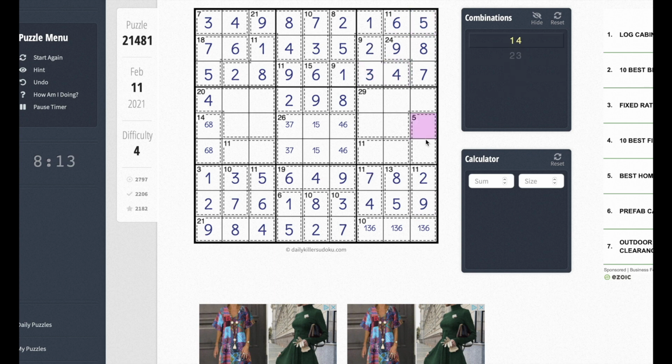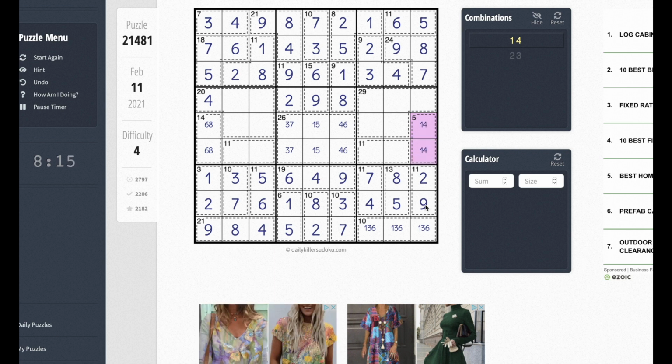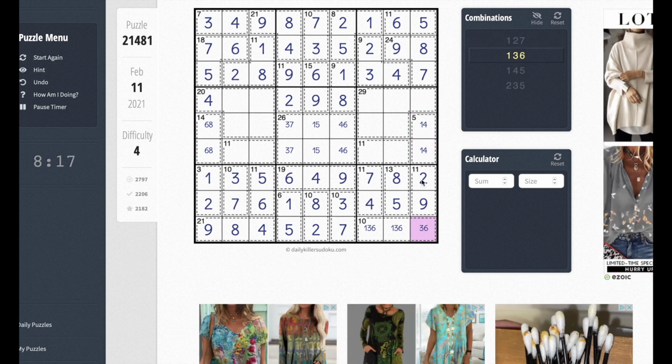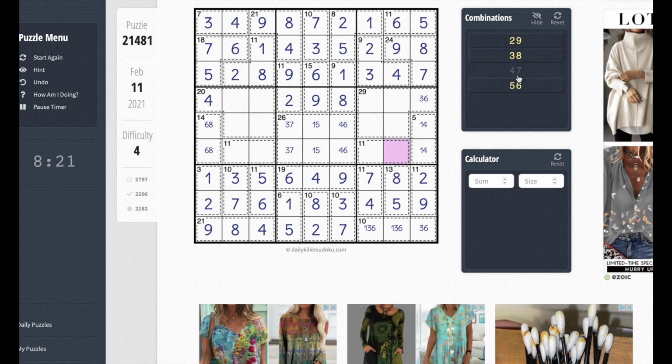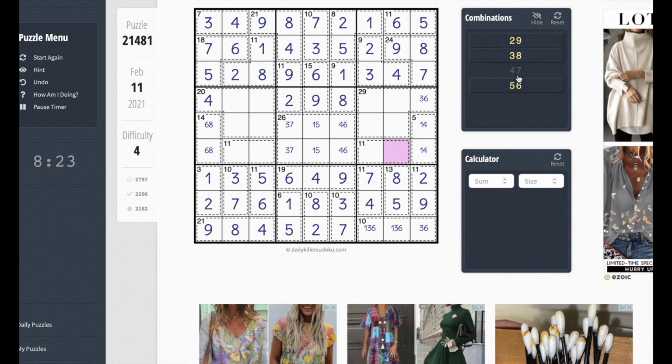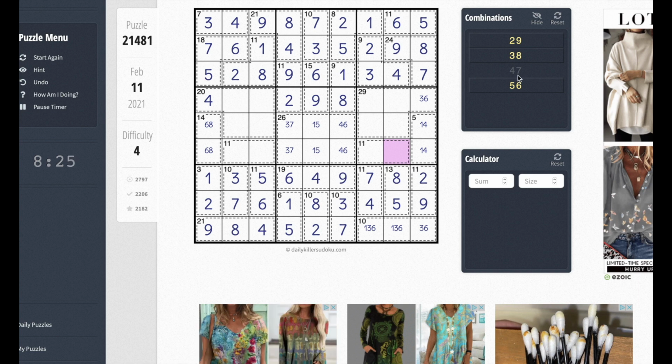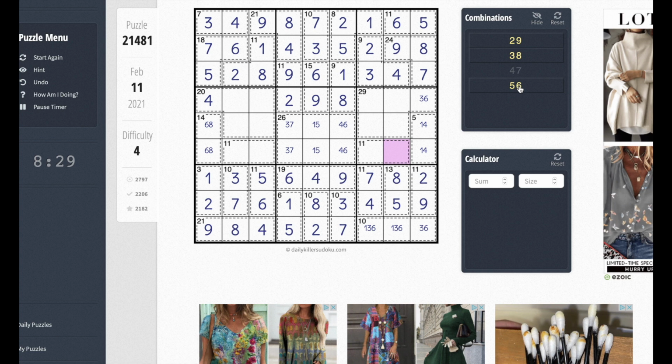We can now make this a 1, 4. 1s out of there. Interestingly makes that a 3, 6. 4 out of there. Anything else? Can't be a 5, 6, look, because we've already got 5 and 6 in the same column. 2, 9 or 3, 8 are both valid at the moment, I think.